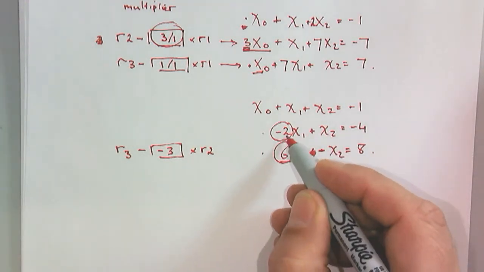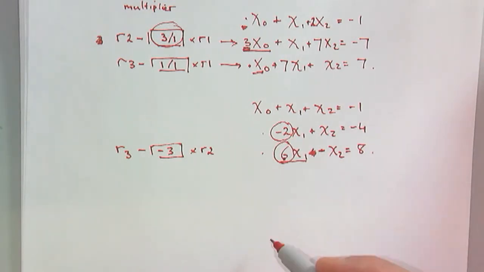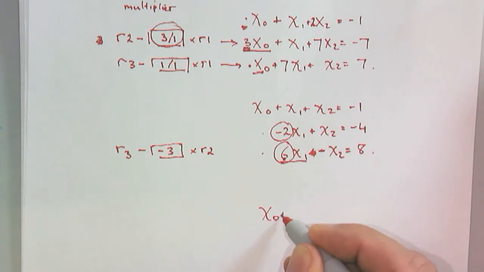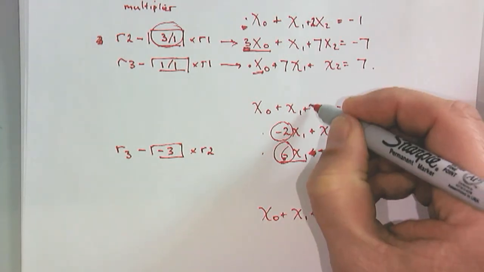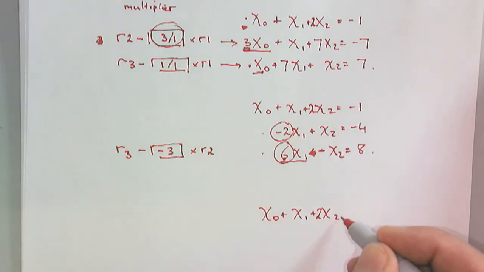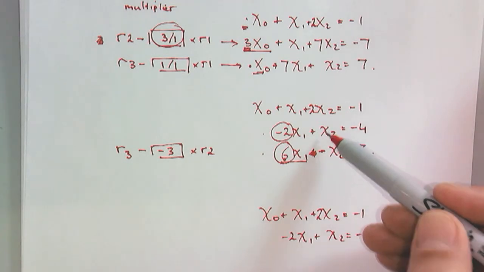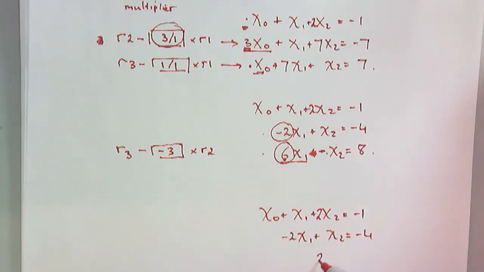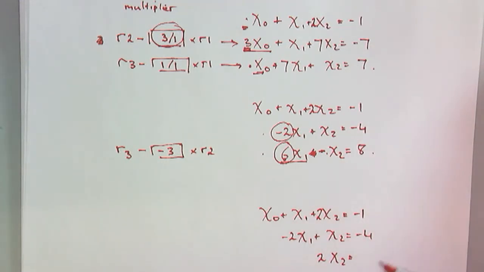Okay, 3 times minus 2 is minus 6, plus 6 is indeed 0, so that disappears. So let's rewrite this again. Don't be lazy, just keep rewriting it. Oops, I made another mistake there. And then the last equation becomes 3 times that minus 1 is 2 chi 2 is equal to 3 times that added to that gives us a minus 4.